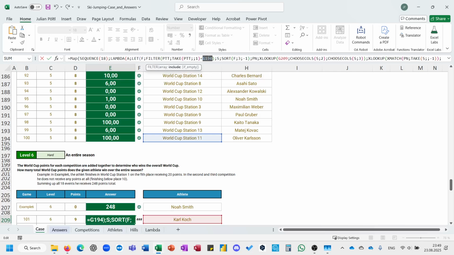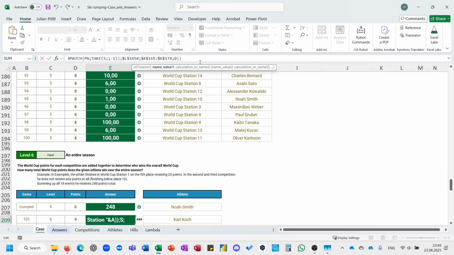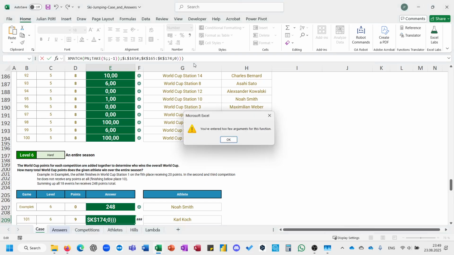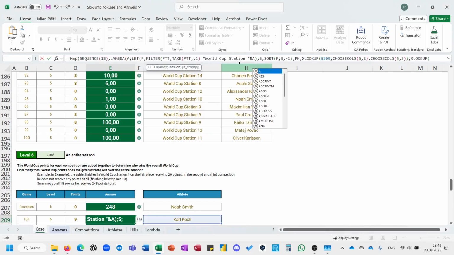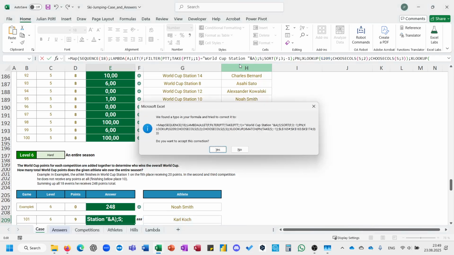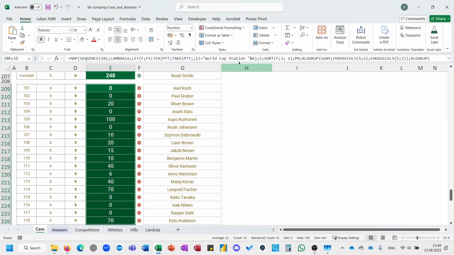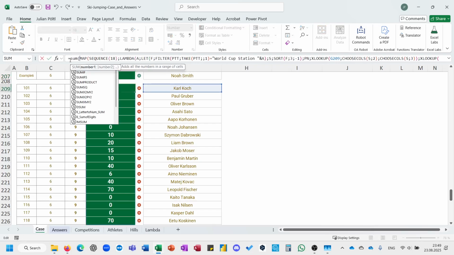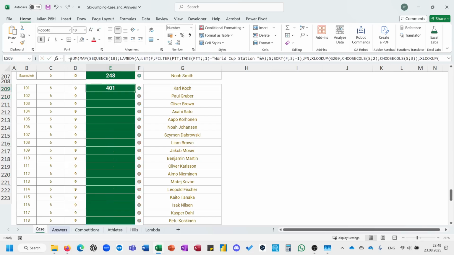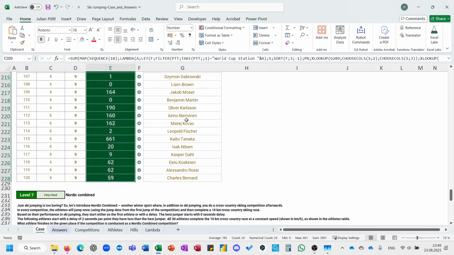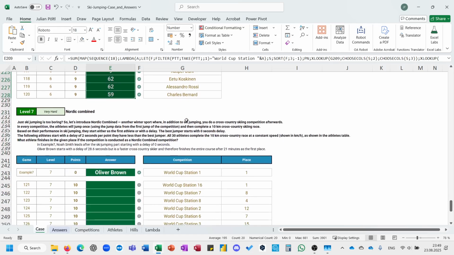And then here, this is then World Cup Station space and A. And this will then spill. I think I've closed it. This will then spill all the points for all the stations for Karl Koch. And I can then sum this up. And we have done an entire season.